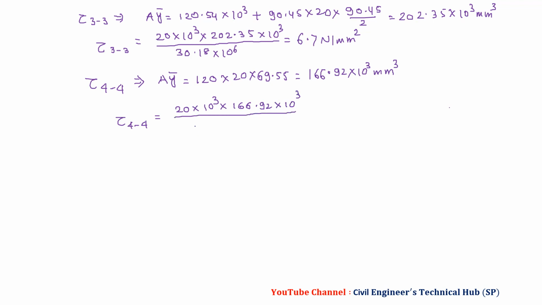Value of I we have 30.18 into 10 raised to 6 into B. And then we have this value into 20 to the power 3 divided by 30.18 to the power 6, 110.62. 110.62 upon B. Now we have just above of this 110.62 upon 20, and we will have 5.53.